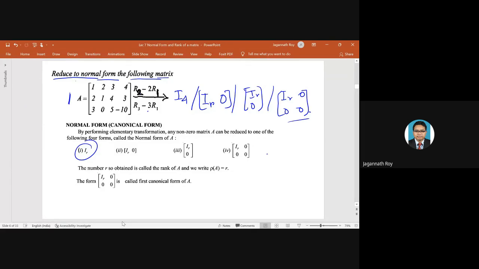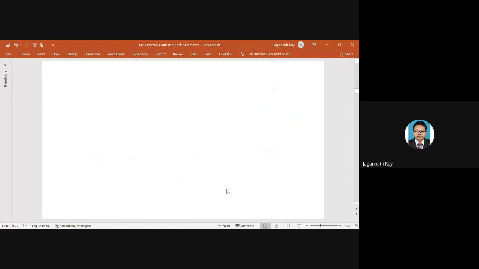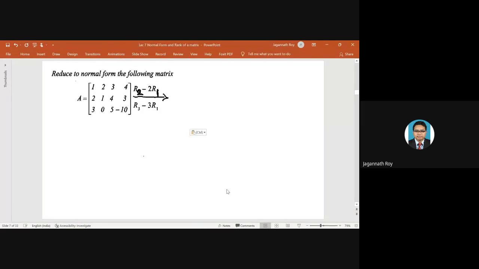So let us try to do the operations. Okay, so what we have here is 1, and we want 0 here. So what do we do? We'll do the row operation R2 minus 2 times R1, because we have this pivot element.